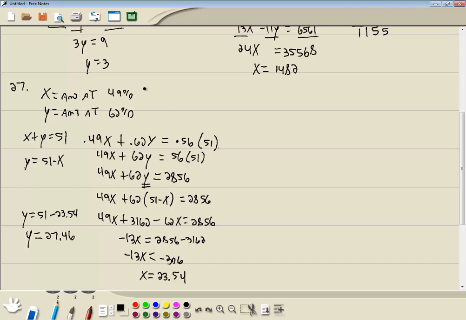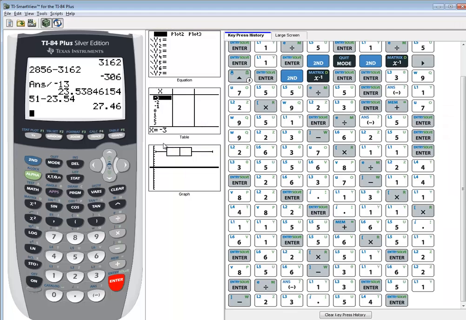I was wondering, because usually mixture ones are the easiest ones. So those would be your answers. I won't check it, because like I say, the mixture ones are always the simpler ones, in my opinion.